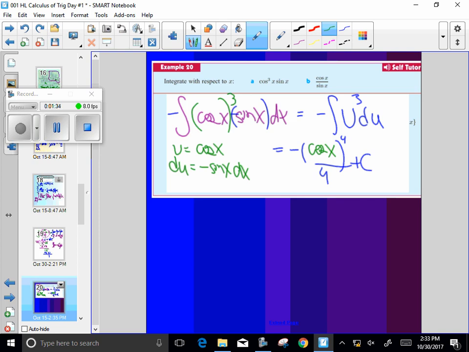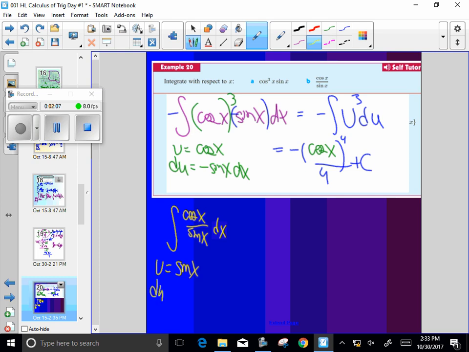That isn't too bad. Did we do b already? Cosine x over sine x? Do you want to see that one? Let's do that one. Right below here, cosine x over sine of x. All right. We're going to let u either equal cosine or sine. Which one do you want to let u equal to? Yeah, the bottom, because the derivative is up in the top. If you take the derivative of the top, you don't get the fraction.